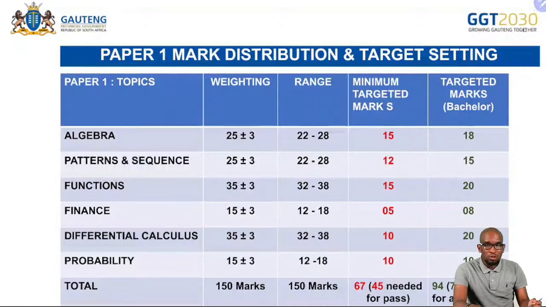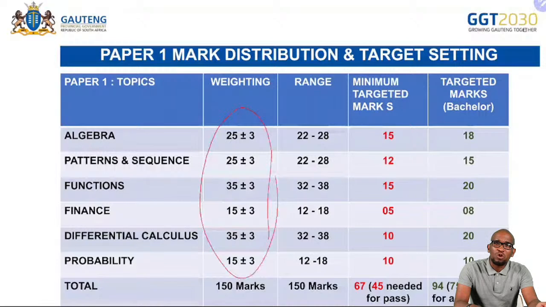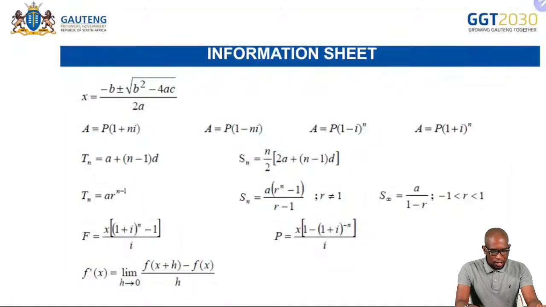Also, with your target setting, we highlighted the weighting per topic, which is very important. It's important that you know which topic contributes a lot of marks, so that as and when you prepare, you spend a lot of time on topics that contribute more in your final exam.